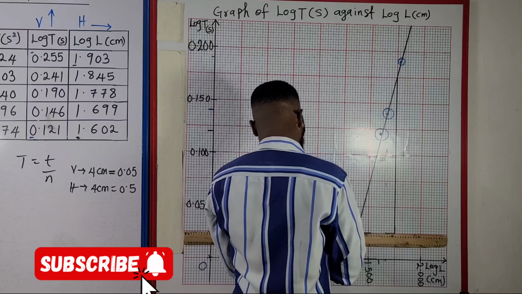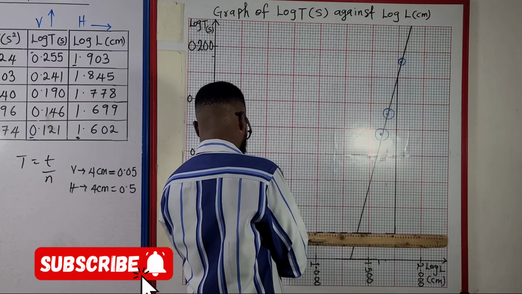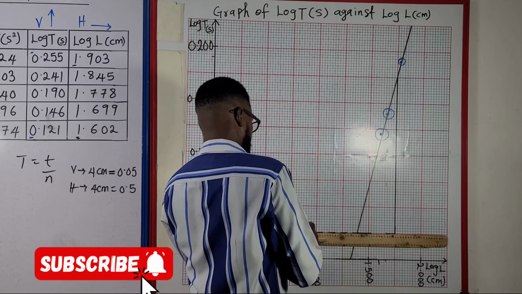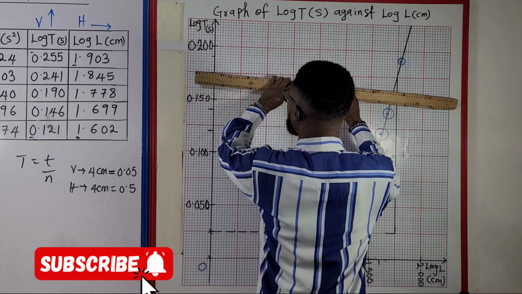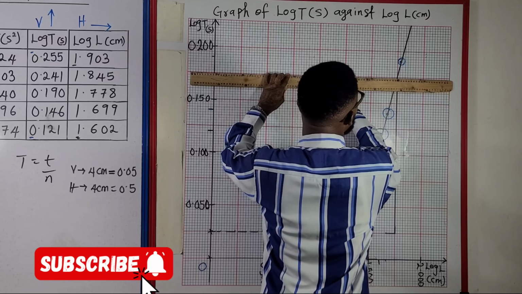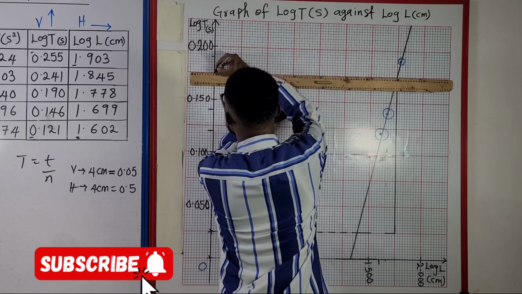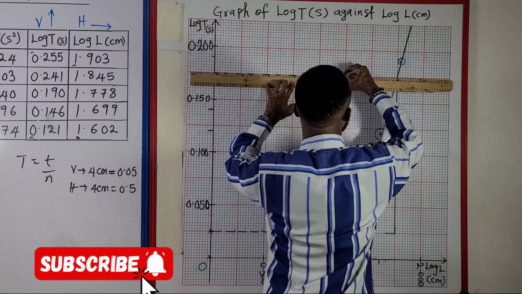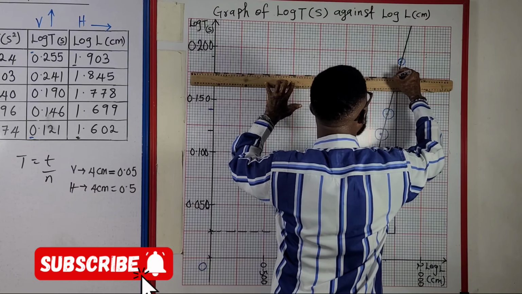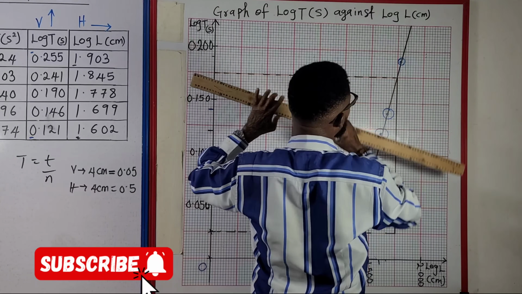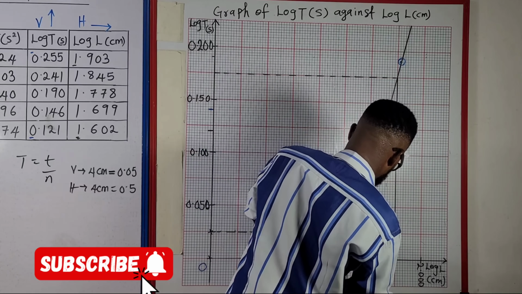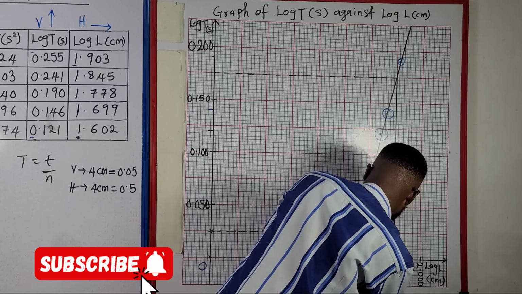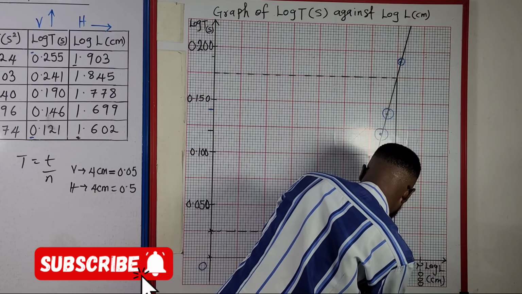So if I draw my extrapolation, talking about my broken line, so that I get what the figure is on that particular axis, this is what I am getting here. And then for the vertical axis, this is what I am getting.